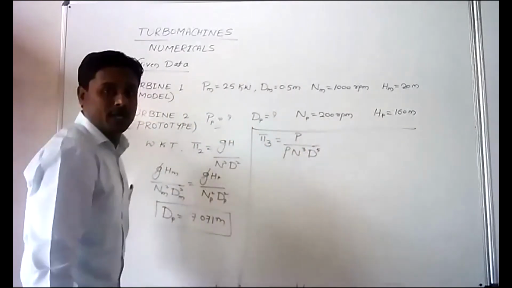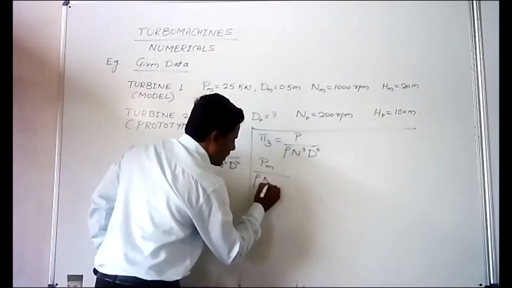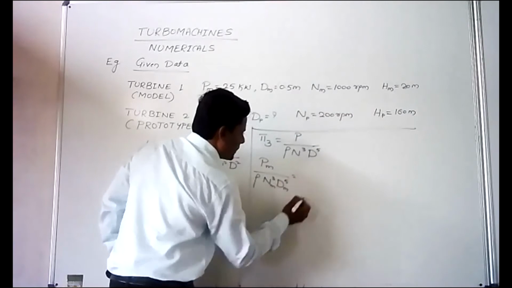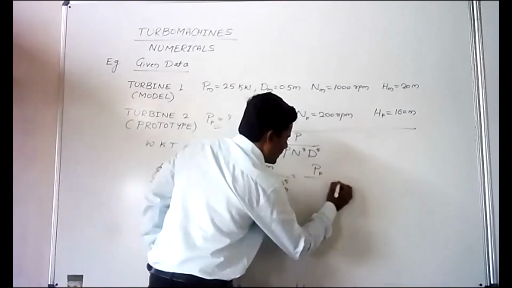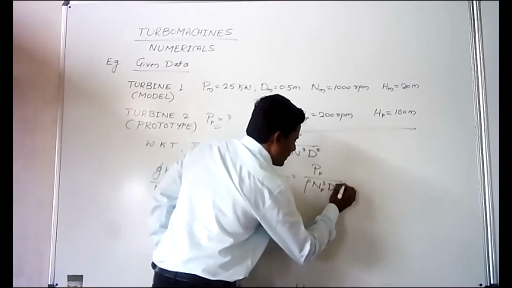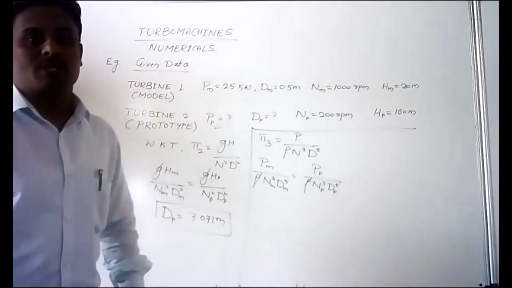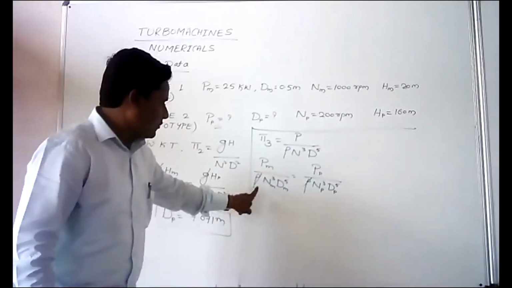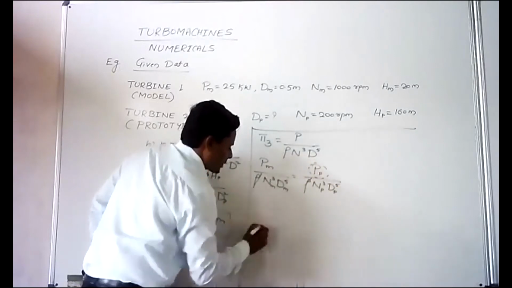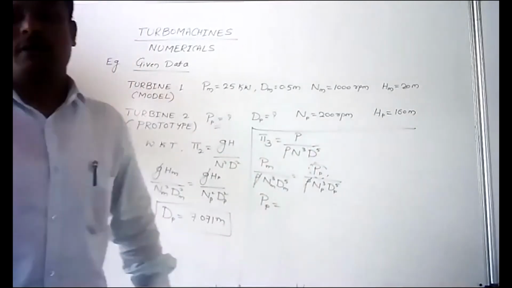Therefore Pm divided by rho Nm cube Dm to the power 5 equals Pp divided by rho Np cube Dp to the power 5. Rho will get cancelled because we are using incompressible fluids, so rho remains constant. The only unknown is Pp. So get the value of Pp here. Do the calculation and get the answer.